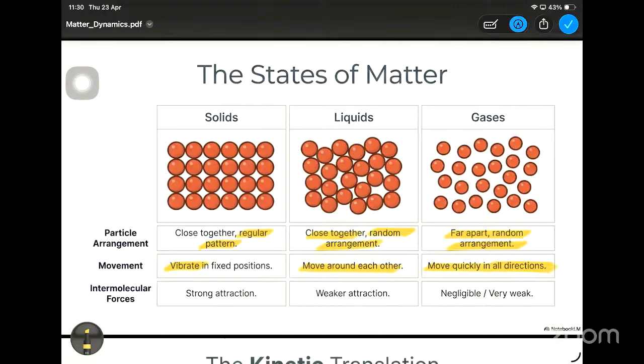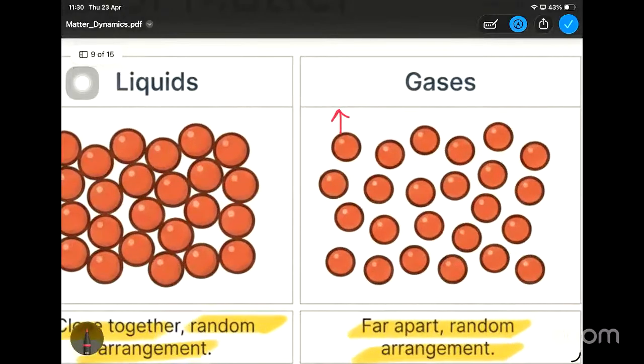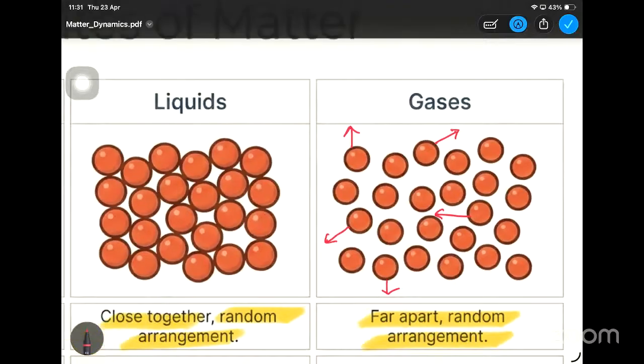That is the main point, right? In all directions. For example, if we consider gas particles, one can move in this direction, another here, another in this direction. Likewise, there's no specific direction of movement. They will be moving here and there as they wish.